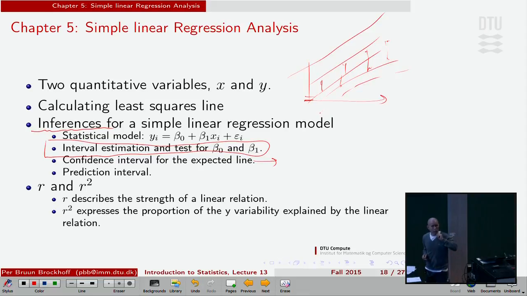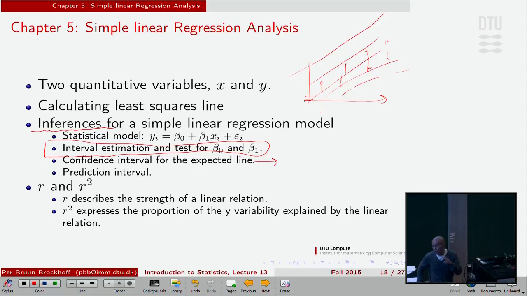I mean, do we use it to estimate the average? We have the weight-height example. Do we use the line to estimate the average population weight for people of 180 centimeters, right? All the people, the subpopulation that are 180 centimeters.